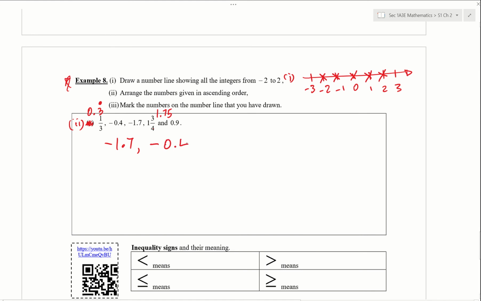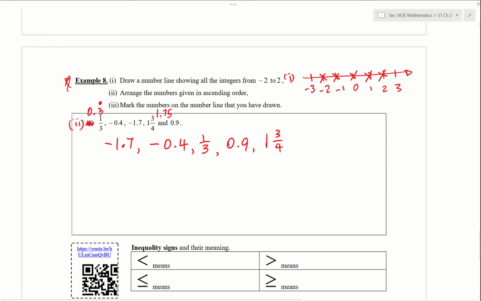Negative 0.4. The next smallest? 0.3 recurring, right? But I should not write 0.3 recurring because the question uses 1 over 3. So you write 1 over 3. What's after 1 over 3? 0.9. Next, 1 and 3/4.